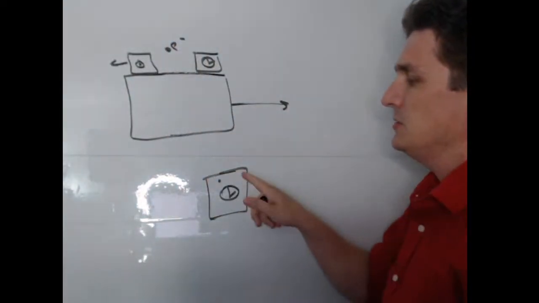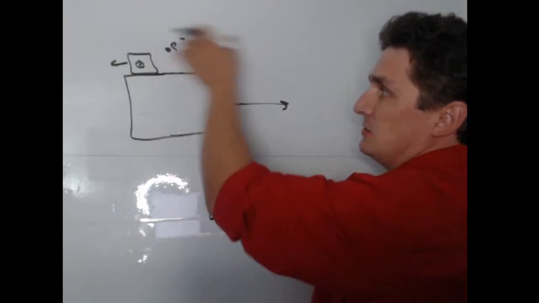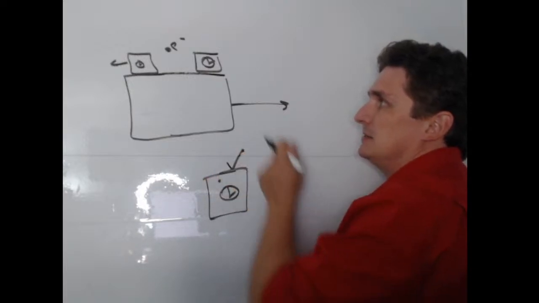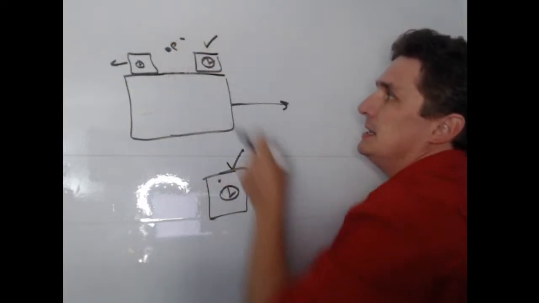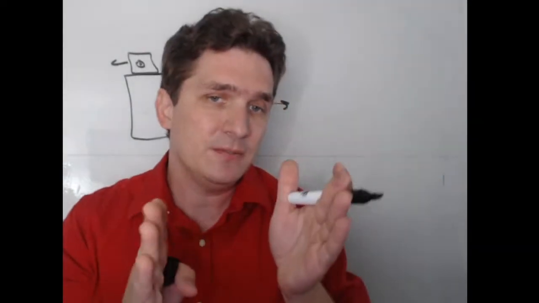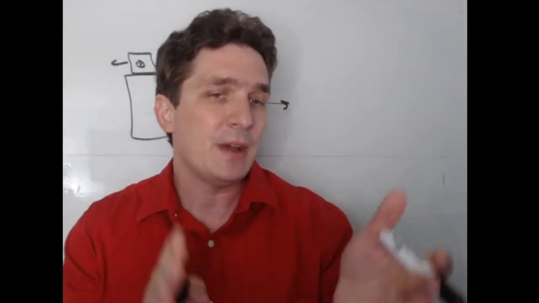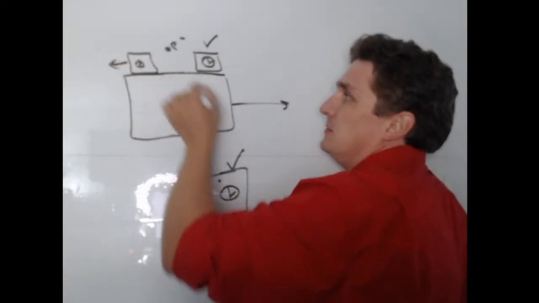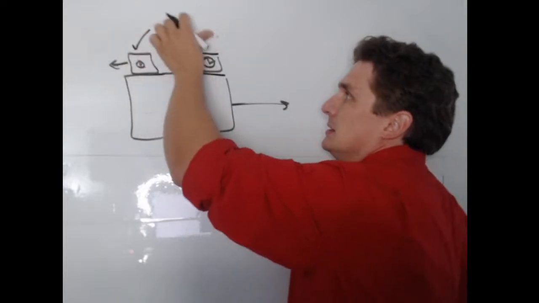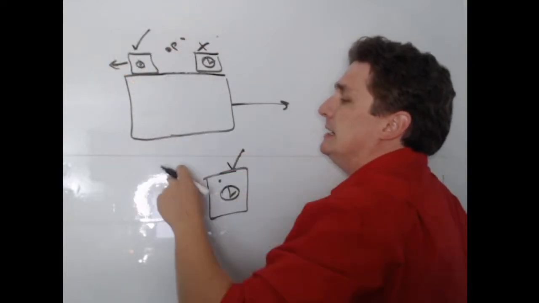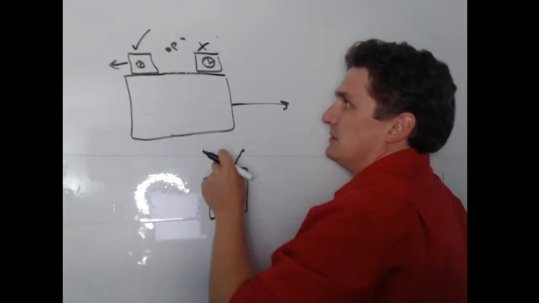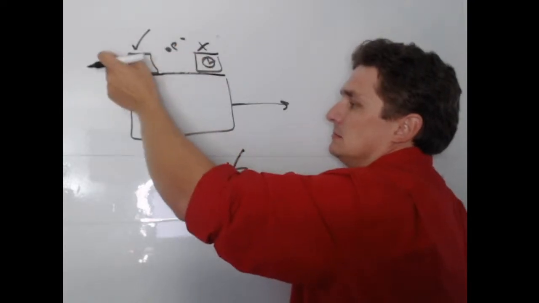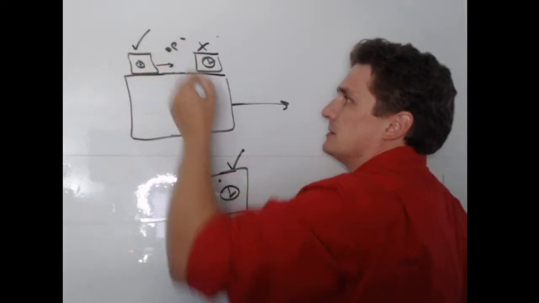It sees the electron moving, and so it thinks it detects a magnetic field because the electron's moving. These two are stationary to each other, so this one will detect a magnetic field. This one won't, because it and the electron are moving at the same speed. So the charge felt by that electron doesn't change as this block moves. This block, however, is moving away from the electron. So this one also detects a magnetic field, and it detects a magnetic field in the opposite direction of this one because this one's point of view says that the electron is actually moving to the right, or moving, sorry, got it backwards.